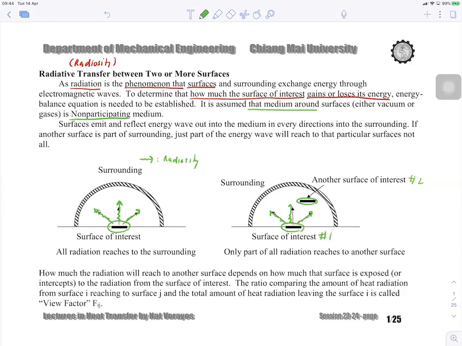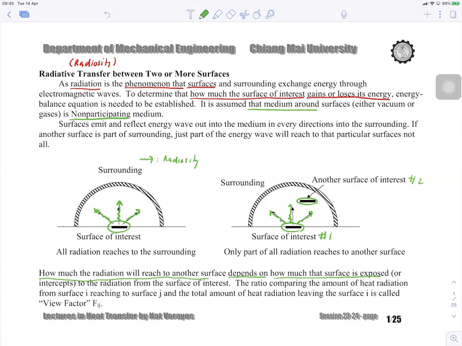It's going to accept some of the radiation away from the surrounding. So there will be a percentage of energy from surface one arriving at surface two. We would like to find how much radiation will reach the other surface, which depends on how much that surface is exposed, what the location of the second surface is, or what the temperature of surface two is.